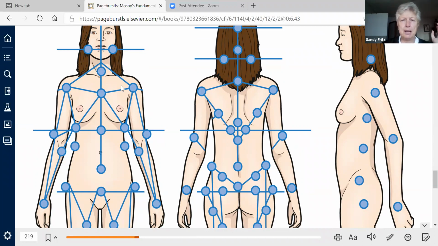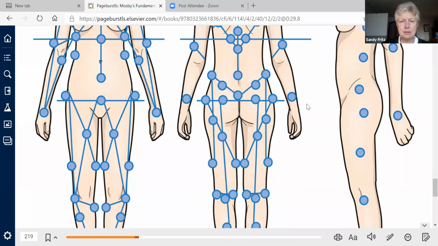And so being mindful of these spots and the lines that connect these spots can help us adapt how we might, in a more targeted approach, put mechanical force into these areas.